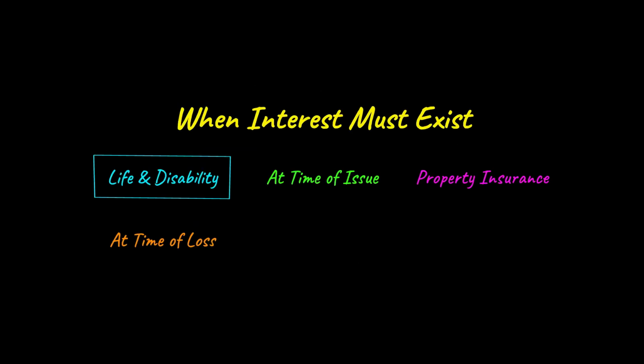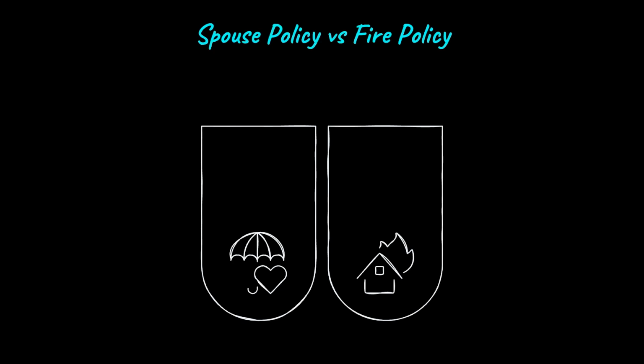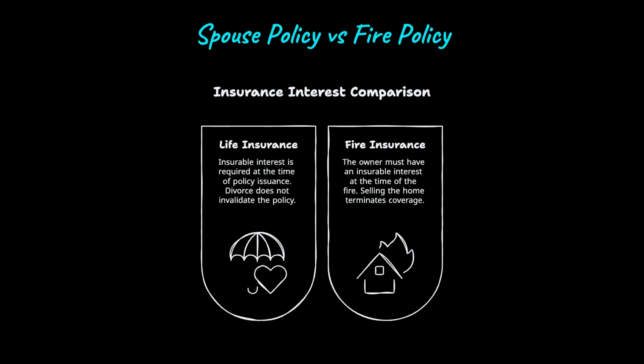This is where the exam trap lives. Life and disability insurance require insurable interest only at time of issue, when the policy is written. Property insurance requires it at time of loss, since it exists to indemnify a present actual loss. Picture a spouse's life policy. The interest was real when the policy began, so a later divorce doesn't void it.